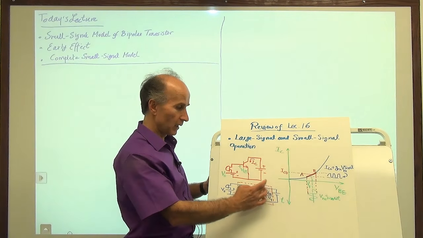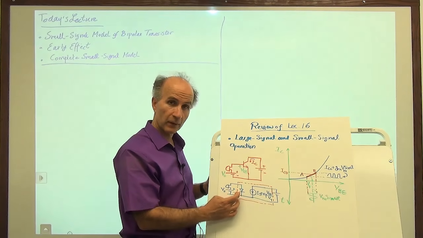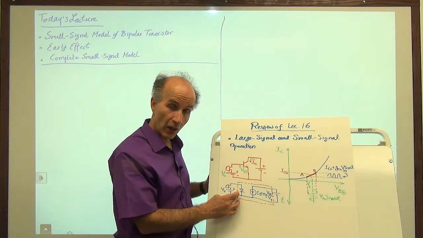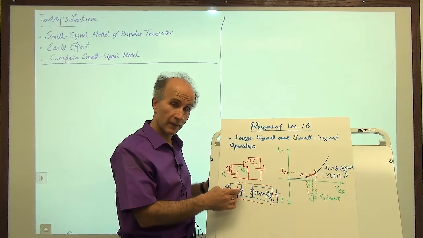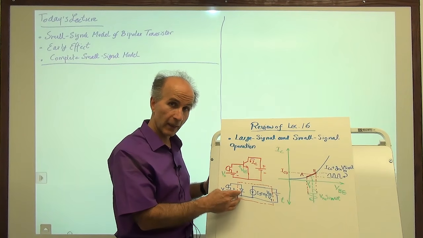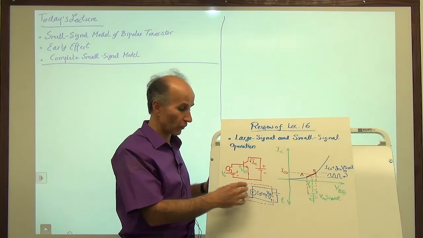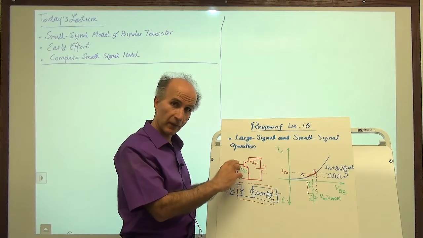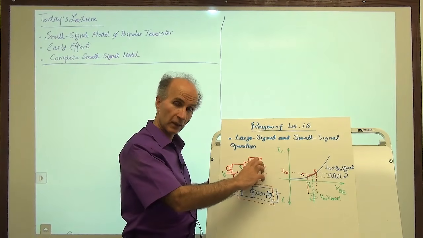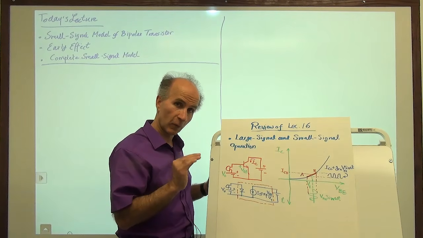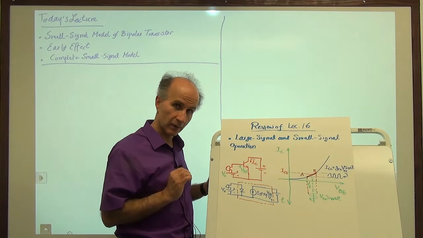We have a general model for the transistor, which we call the large signal model, not necessarily because the signals are large all the time, but just to emphasize that this model is valid for any voltage that we want to have here or any voltage here, provided, of course, that we are always in the forward active region.